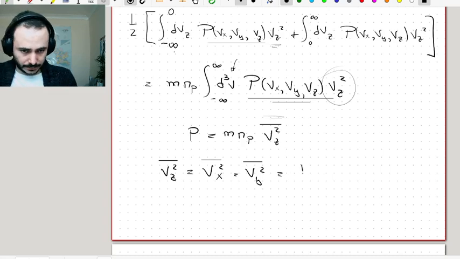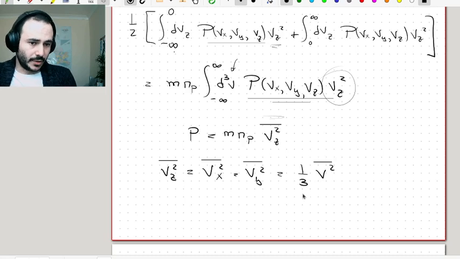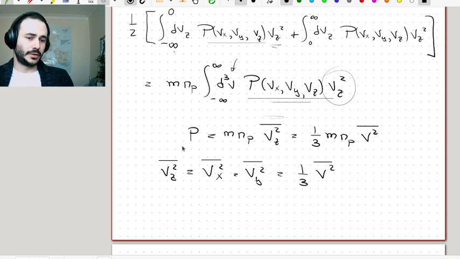This is also 1/3 of the average of the modulus of the velocity squared, because the modulus squared is vx squared plus vy squared plus vz squared. So what you have here is 1/3 of m n_p times the average of the squared modulus of the velocity. That's the pressure in a system made of point-like particles, like we were discussing.